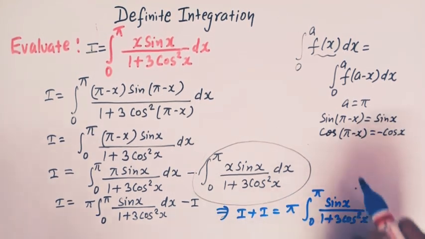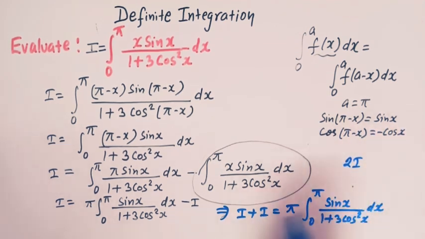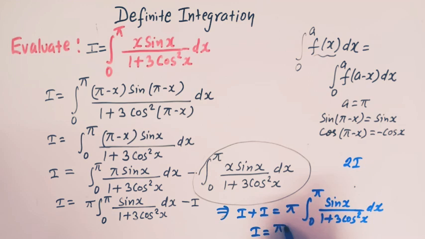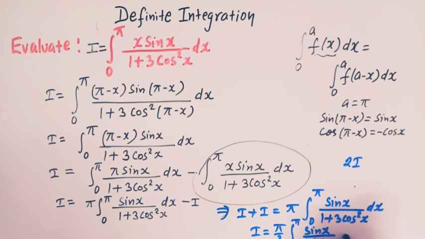And I plus I is 2I, and taking 2 to the denominator of pi, we have I is equal to pi over 2, 0 to pi sine x divided by 1 plus 3 cos square x dx, right?